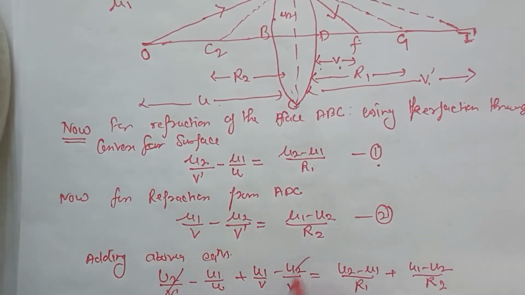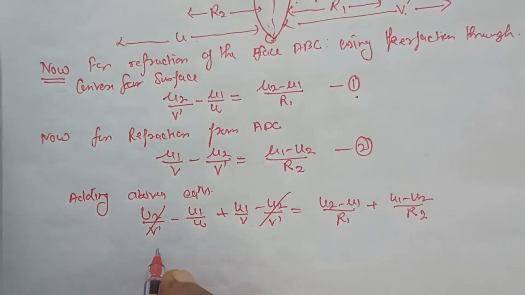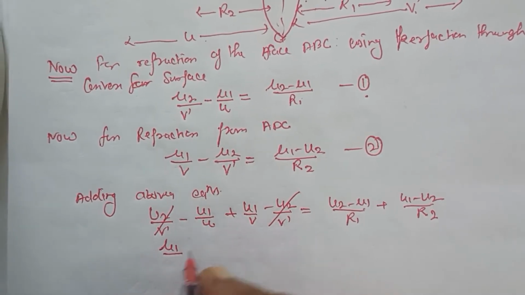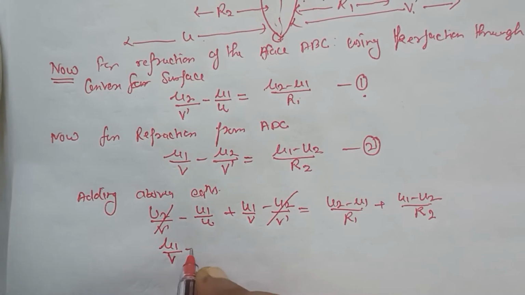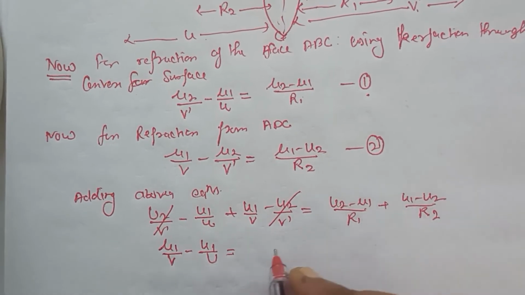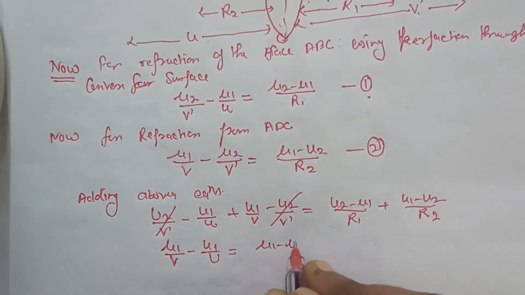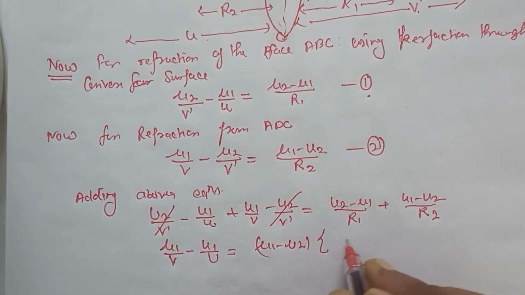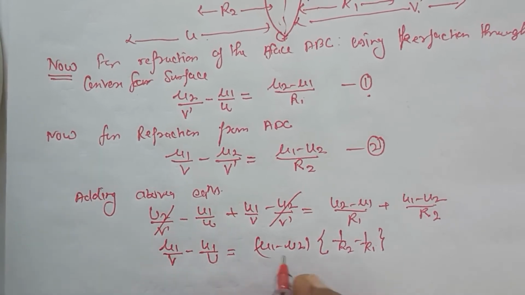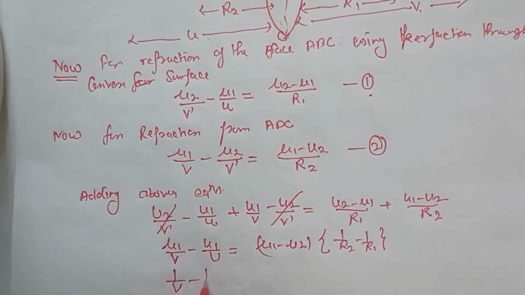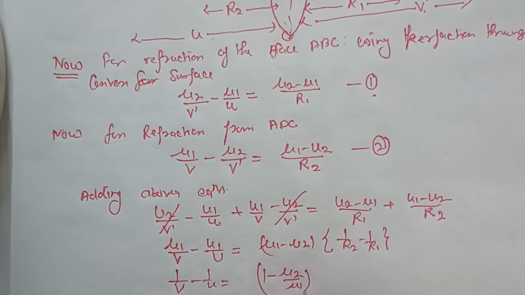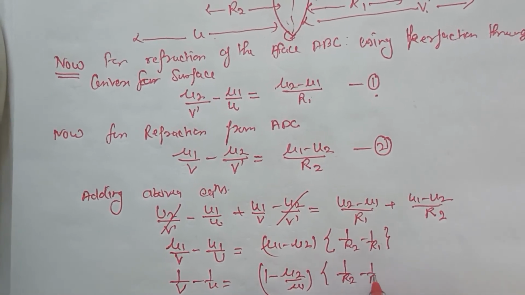This cancels out. Then this one we consider mu1 divided by V minus mu1 divided by U equal, take the minus common, mu1 minus mu2 as it is, that is 1/R2 minus 1/R1 divided by mu1. 1/V minus 1/U equals 1 minus mu2 divided by mu1 times 1/R2 minus 1/R1.